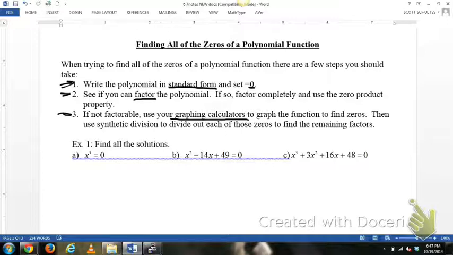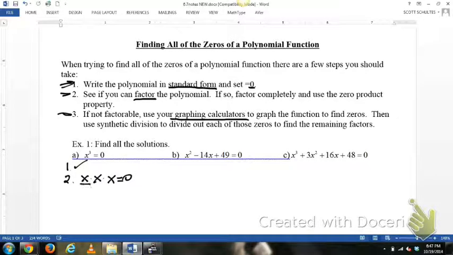Before we get there, take a look at these 3 examples where I want to find all of the solutions. For part A, I have x cubed equals 0. This is pretty simple. First of all, it is a polynomial set equal to 0, so step 1, check, that's done. Step 2, I think I can factor that. It's so easy that x cubed is literally just x times x times x equals 0.